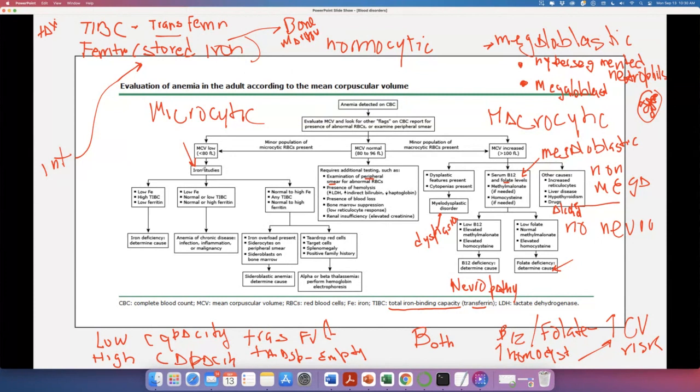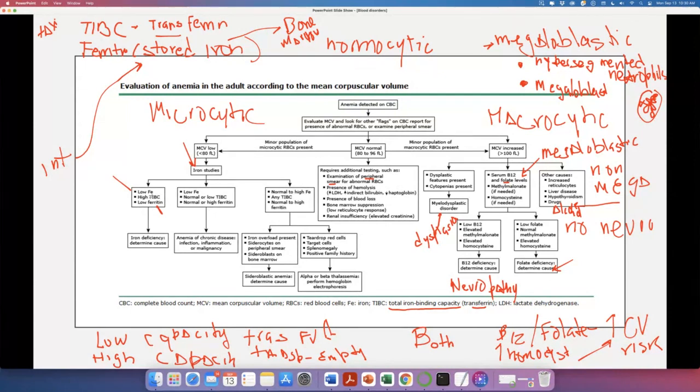We do the iron studies. There is low iron. There is high capacity to transport iron. And there is low stored iron. Well, obviously, if there is low stored iron, the savings account is empty.